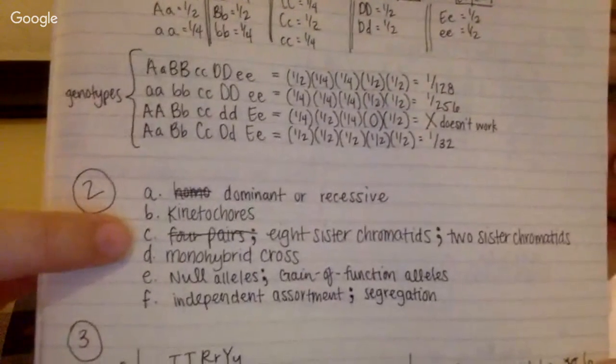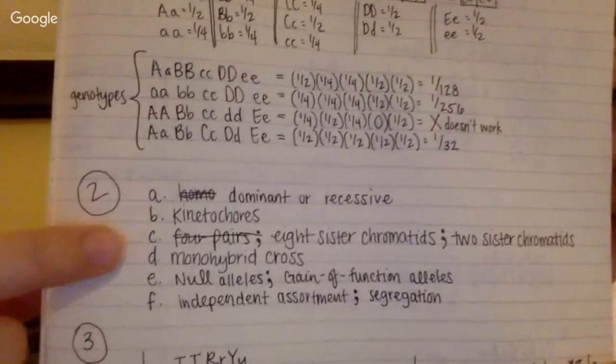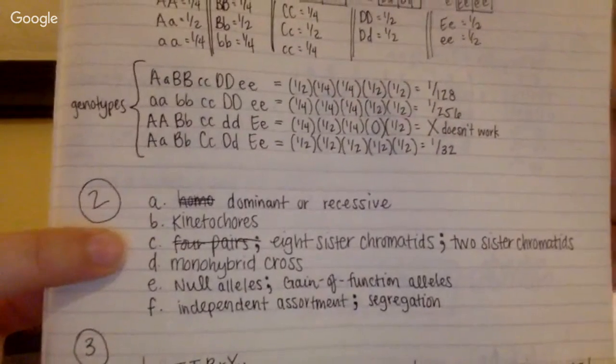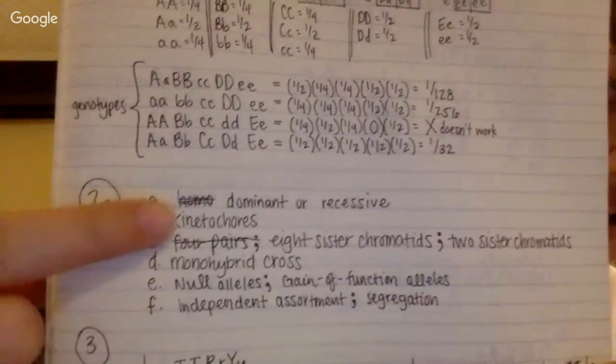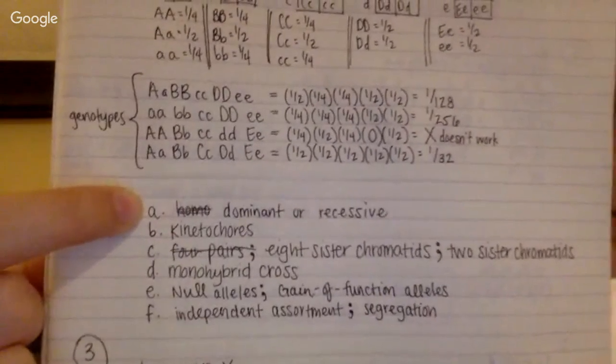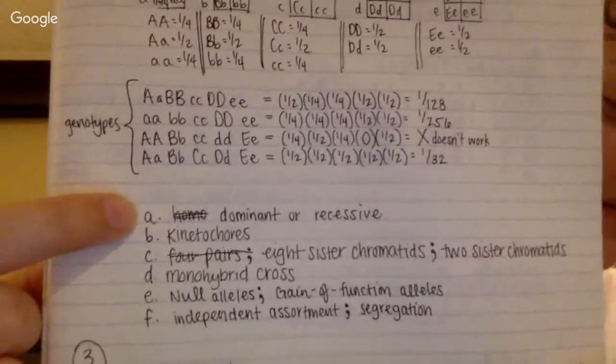I have all the words filled out. Part A asked, paired homologous chromosomes are sometimes called blank or blank. I just said that they were dominant or recessive because homologous pairs are the same.